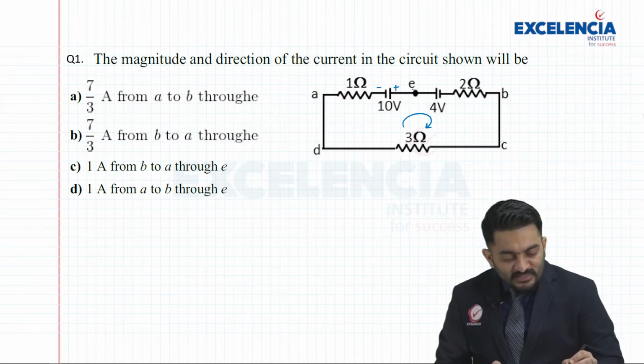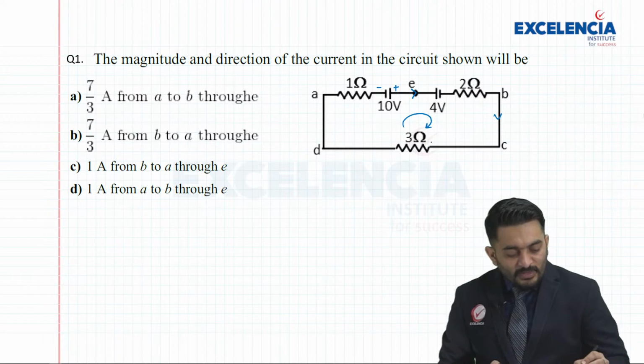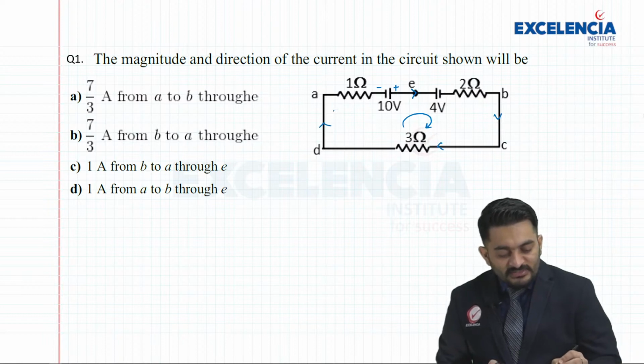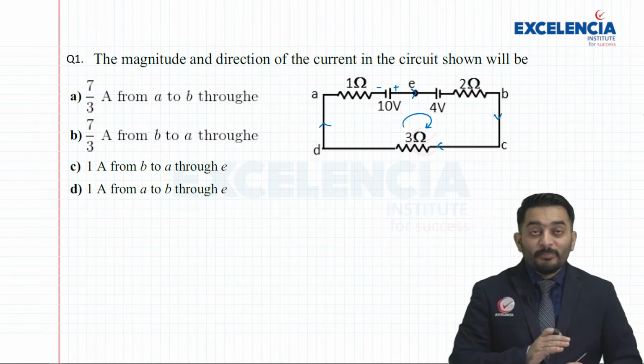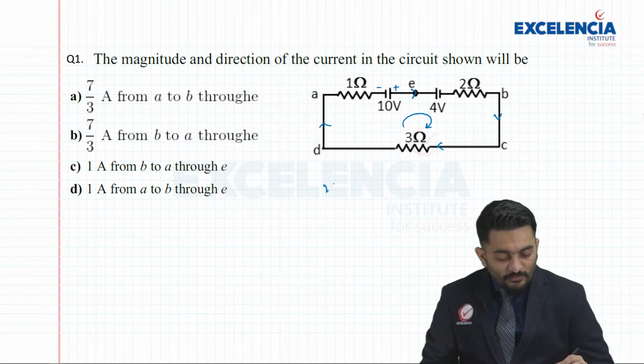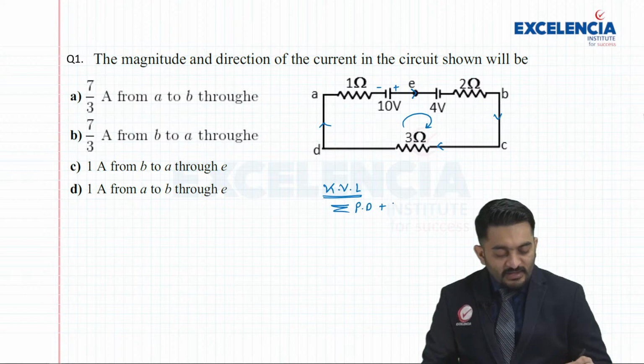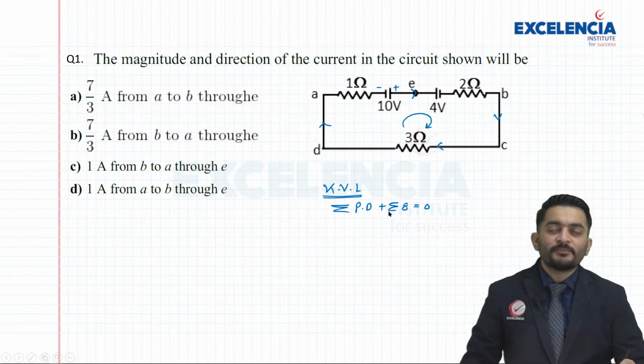If current is flowing in all the branches in this manner, you can see A to B, B to C, C to D and D to A. If you apply your Kirchhoff voltage law, written as KVL, it simply says the summation of all the potential differences and EMFs in any circuit should be equal to 0.